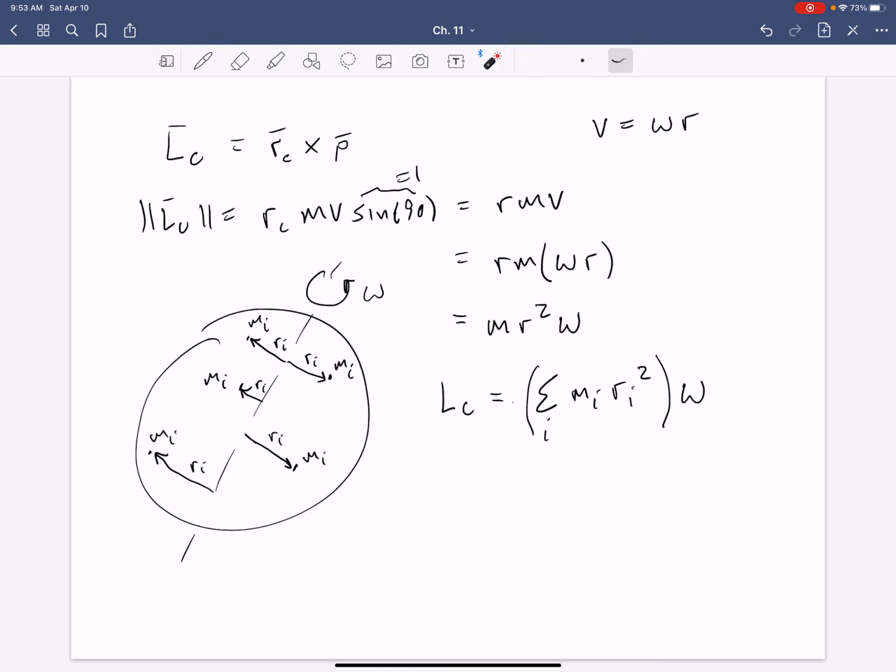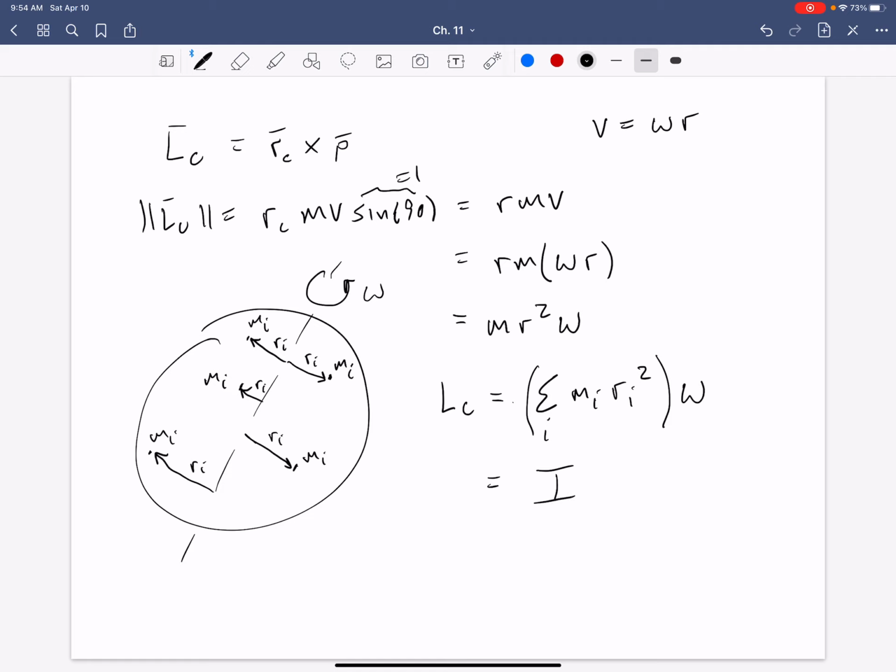So this says, for every mass, for all, say, i masses, they're each their own distance from the central rotational axis, C. Okay, so if we add all of those up, we get that object's moment of inertia, which we know as I.